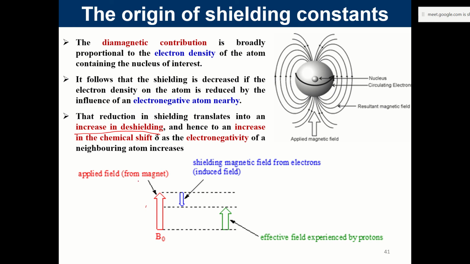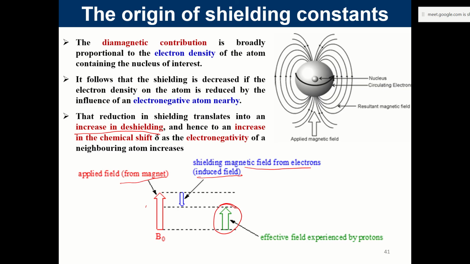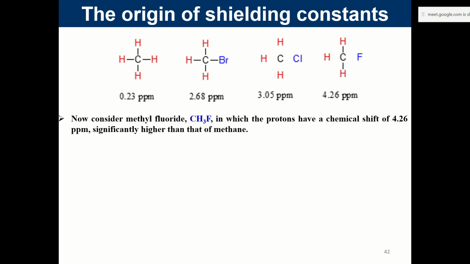The applied field is this, from the external magnet. Electrons around it generate a small field which is opposite in direction. So effectively, this is the force experienced by the nucleus. This is clearly seen in the shift in the chemical shift values, del, which is 0.23 in methane.